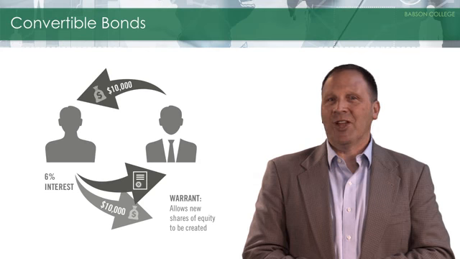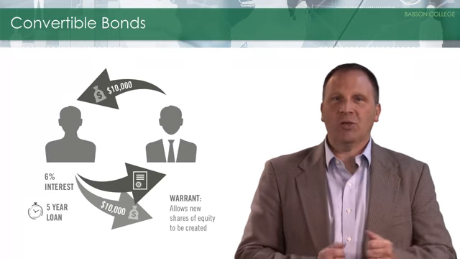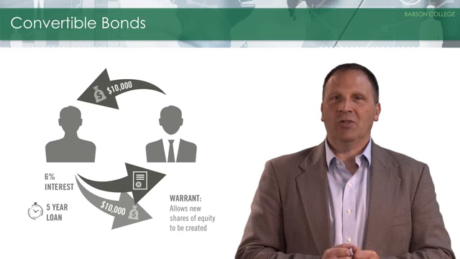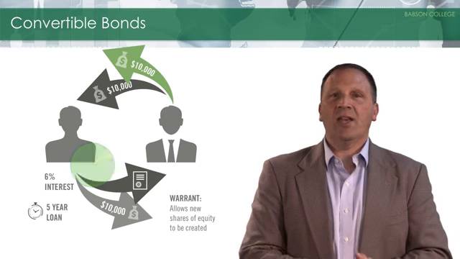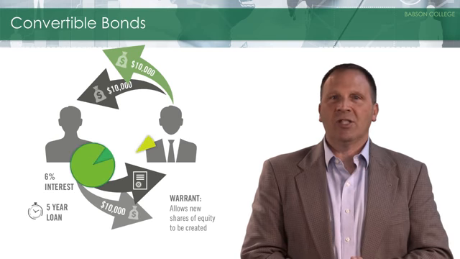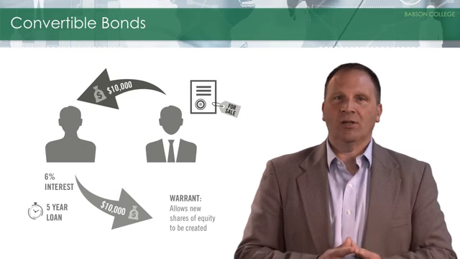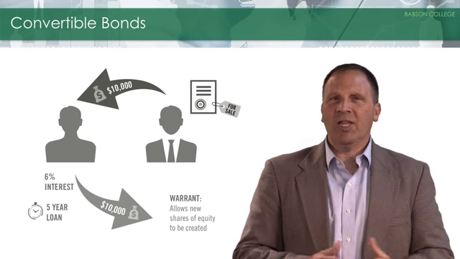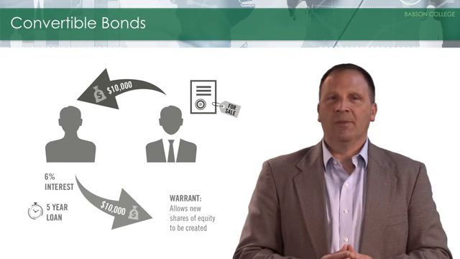You borrow $10,000 at 6% interest per year for 5 years. The lender also gets the warrant that allows the lender to invest another $10,000 later for, say, 6% equity in your business. But the lender does not have to invest in the business if they don't want to. And the lender can take that warrant and sell it to someone else. It's similar to convertible debt in some ways, but the existence of the warrant makes it somewhat unique.